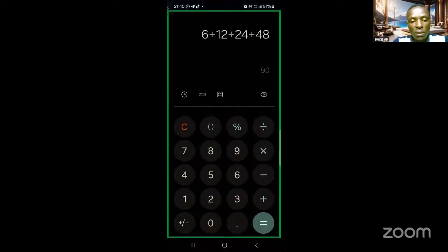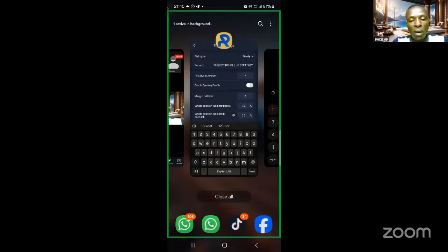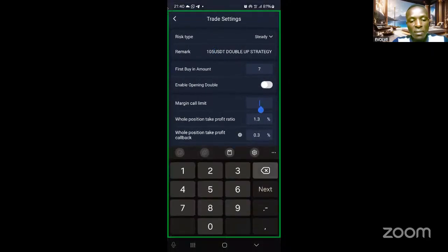Because if it's $7 first buying amount, first margin call will be $14. Second margin call will be $28. Third margin call will be 56. Yeah, that makes his capital 105. So margin calls are 3.